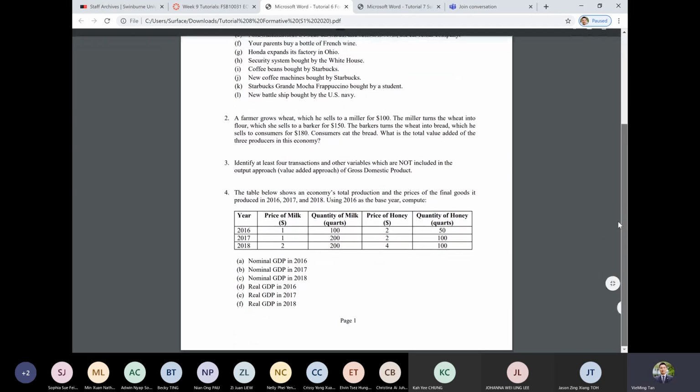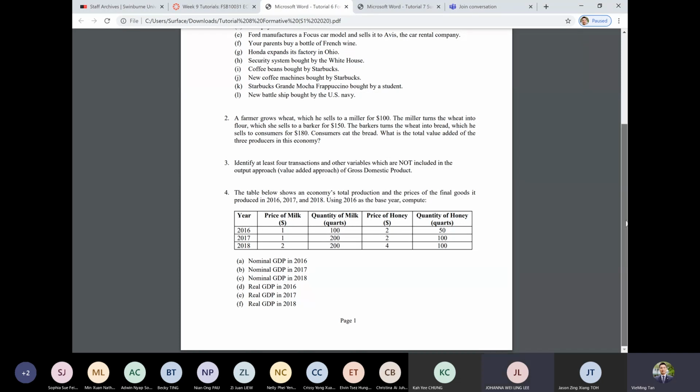Question 4 tests your understanding of the difference between nominal and real GDP. I think you should be able to finish all the questions quite fast. Tomorrow, if we have extra time, we can also go through some discussion on how to answer the assignment report questions.